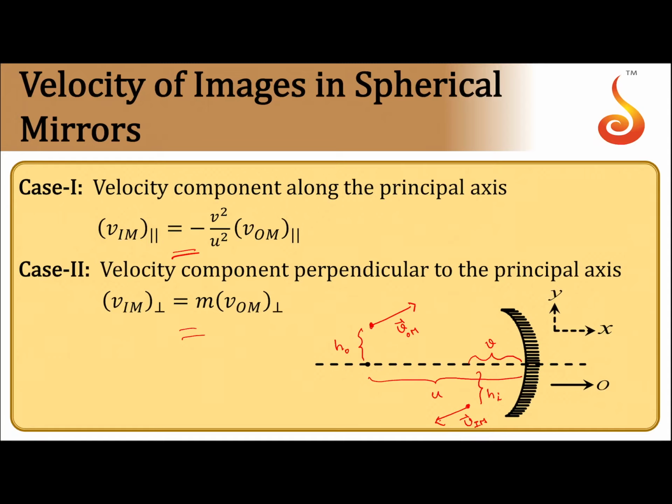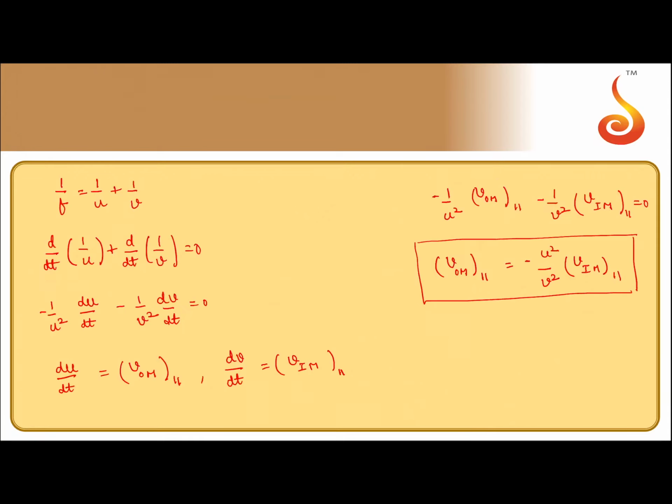Now let's derive the other relation. To do this, I'll start with the magnification. The magnification is given by the height of the image divided by the height of the object. Again this can be written as h_i = h_o into m. Since m is constant, when we differentiate, this comes out of the differentiation. Now we differentiate this to find the velocity components perpendicular to the principal axis.